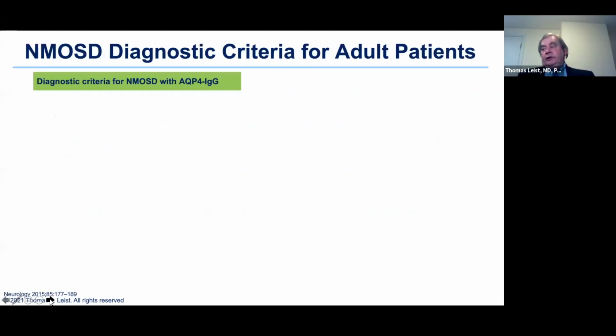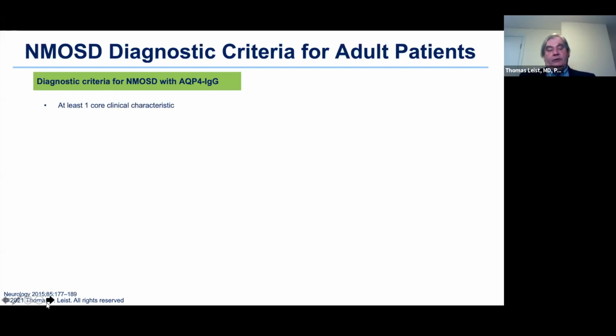So over the last 15 years, diagnostic criteria have been developed, and I show you here how they come up, and I also show you some examples from an MRI point of view.